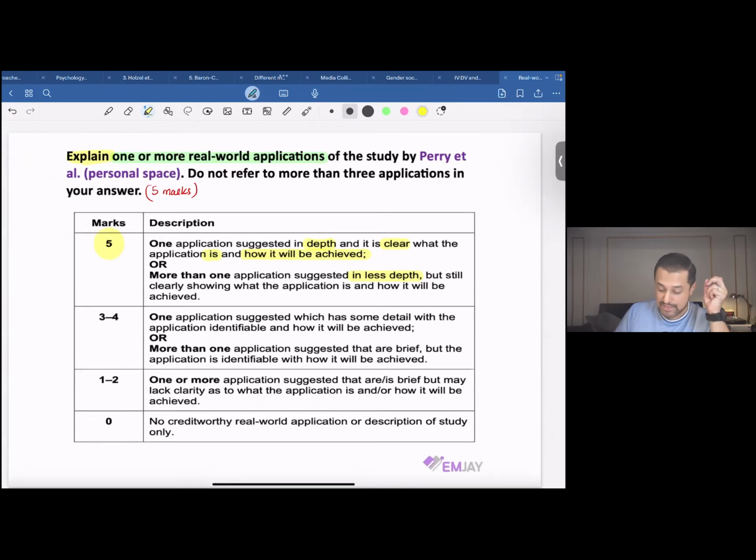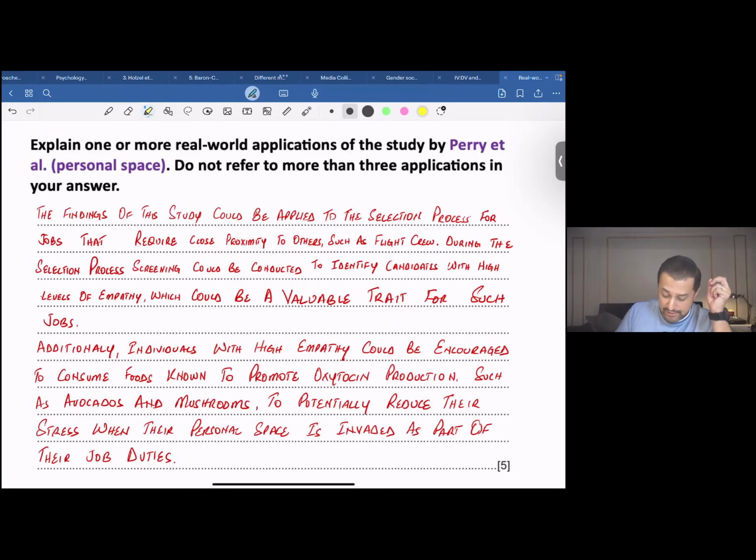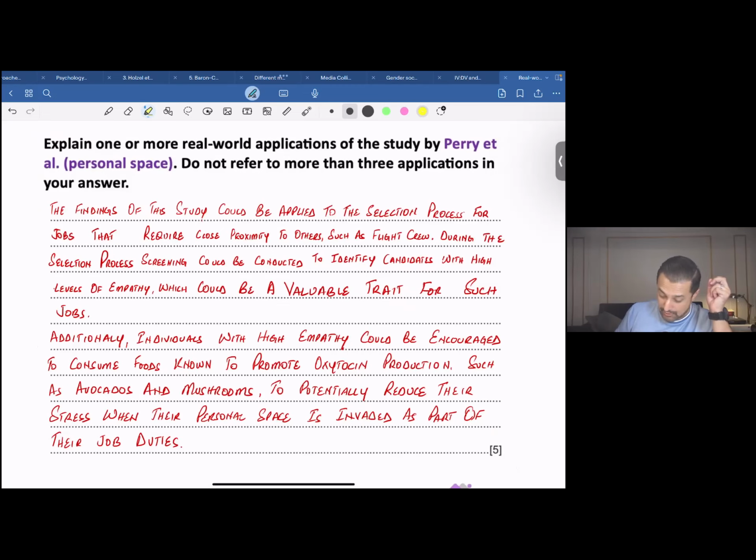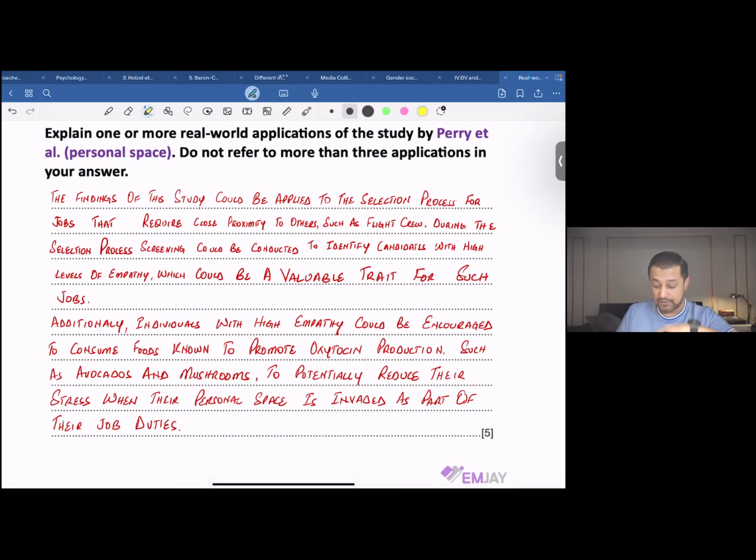Now, to help you understand this better, I'd like to use this example over here. You could write: the findings of the study could be applied to the selection process. When you're hiring people for a particular job, there is a selection process that they go through, right?